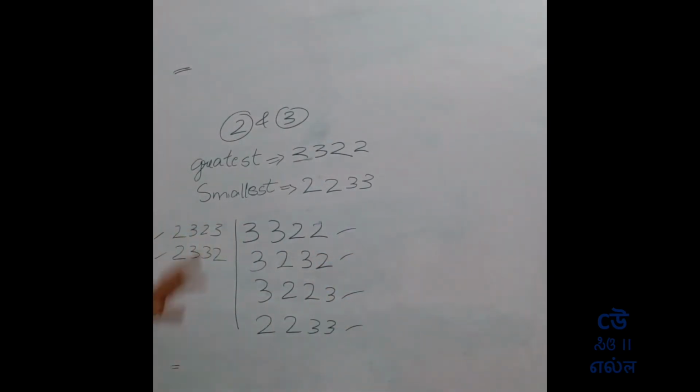So 6 different numbers can be formed by using 2 digits, that is 2 and 3, using both the digits an equal number of times. So we have used both the digits twice, so that we have used them an equal number of times and we can form a 4-digit number. Okay, did you understand?